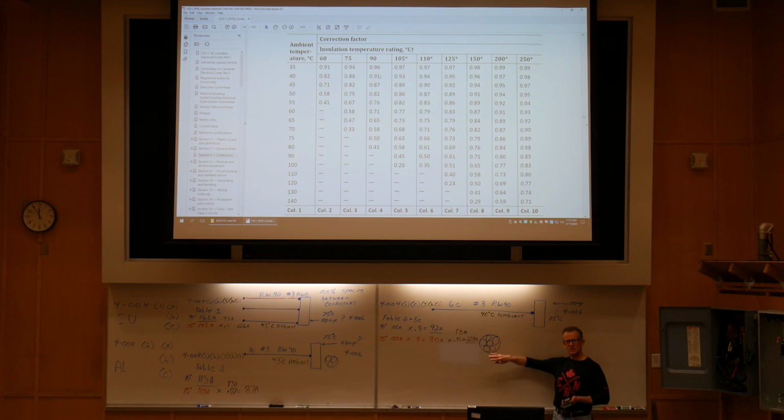This will save the insulation from overheating. So these are fundamental things that years 1, 2, 3, and 4, you must understand them to get out there and be a qualified individual. All right? That's it.